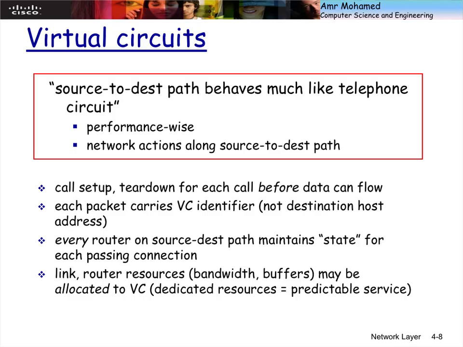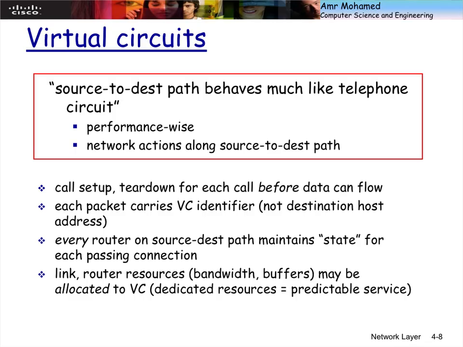It contains how much buffer size I have reserved for this virtual circuit. Okay? How much output bandwidth or rate can I assign to this virtual circuit? So each virtual circuit is associated with a state which maintains how much resources I can reserve for this virtual circuit. That's good. This is a good advantage.